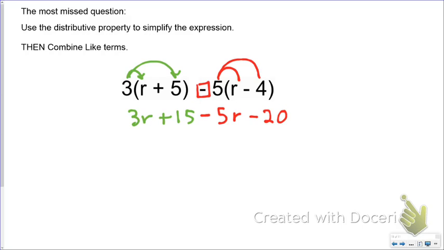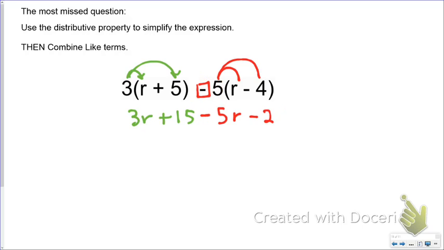You see, because this negative is part of this 5 out here, we would actually have to include that negative to be distributed to everything inside of the parentheses. If, however, you wrote it like this, you only distributed the negative to the r, and you did not distribute that to the 20.